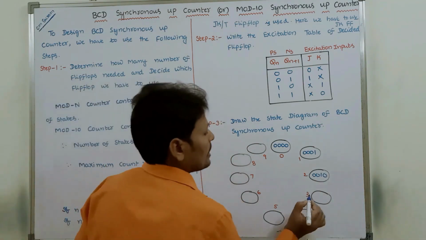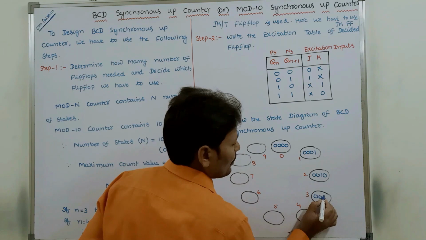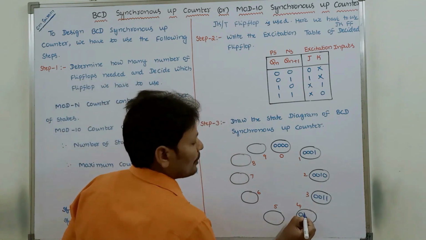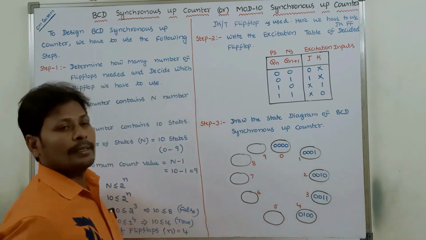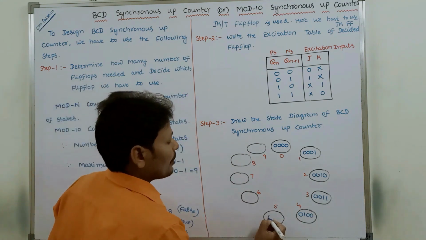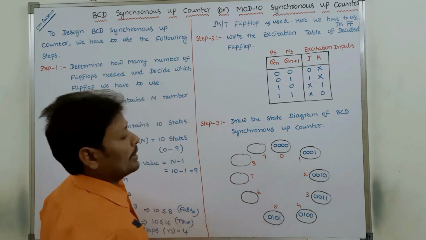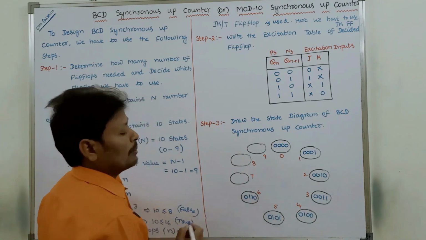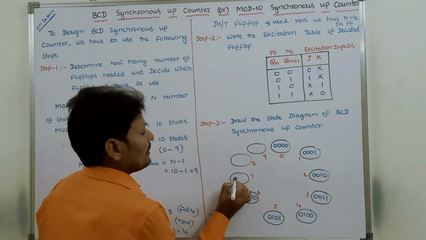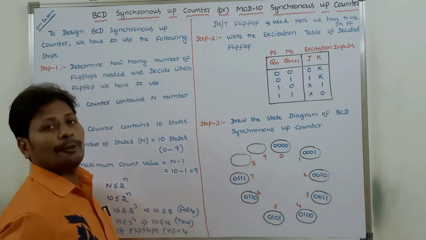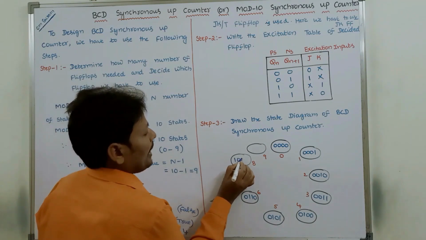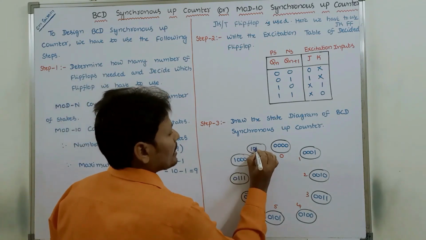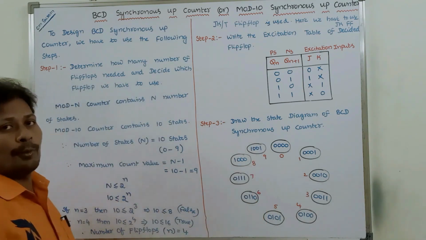Next, to represent state 3, we have to use 4 bits. To represent state 4, 4 bits. To represent state 5, 4-bit binary. To represent state 6, 4-bit binary. To represent state 7, 4 bits. To represent state 8, 4 bits. To represent state 9, 4 bits.